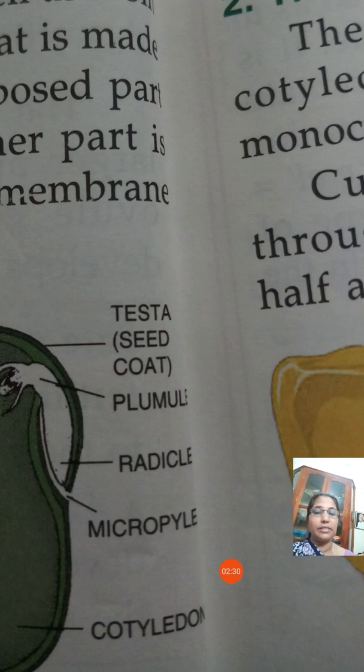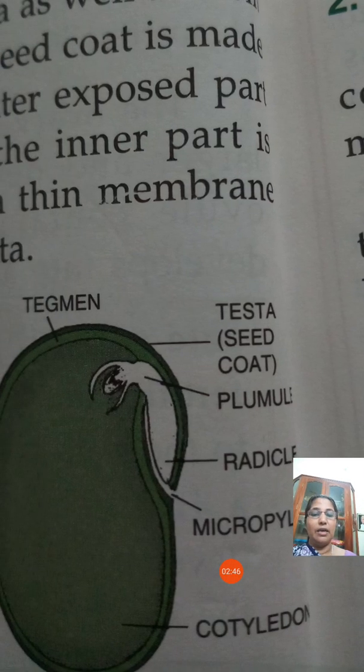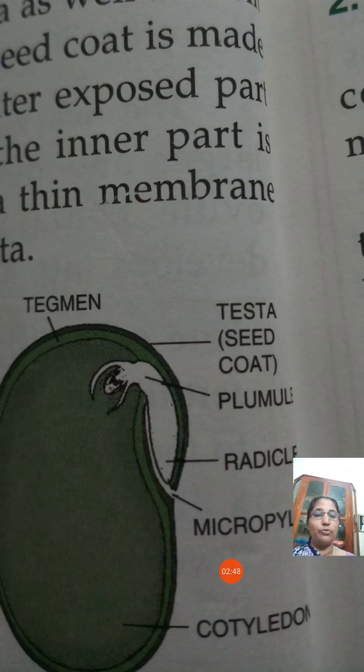When we put the seed into the water, or when the seed gets water, the water enters through the micropyle. That will be the starting of germination. When water enters into the seed, we know that there is a great store of food inside the seed. The cotyledons of the seed absorb the water and become enlarged.